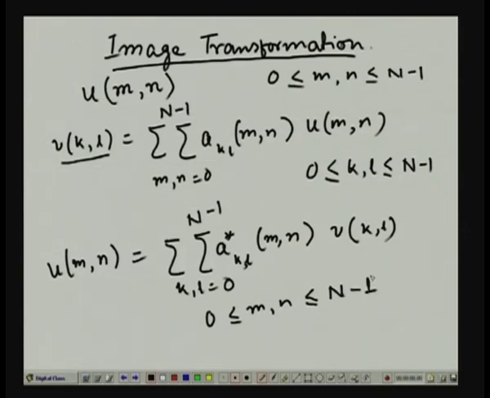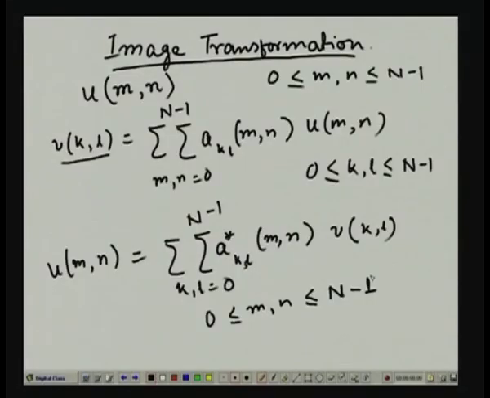So, by extending the concept of series expansion of one dimensional vectors to two dimensions, we can represent an image as a series summation of basis unitary matrices. In this case all of the A k l m n will be the unitary matrices.